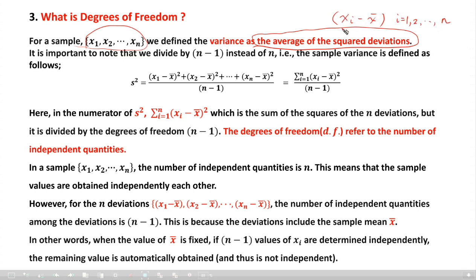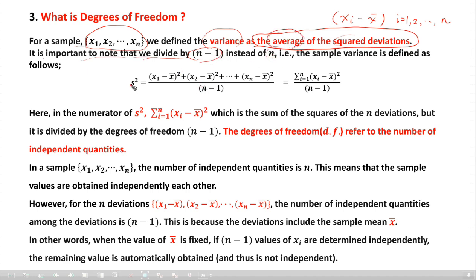X1 minus x bar, x2 minus x bar, ..., xn minus x bar are deviations. We call them deviations, right? So we square them and average, then we get the variance. It is important to note that we divide by n minus 1, even though we say average instead of n.